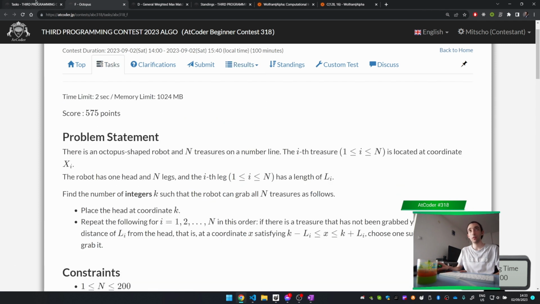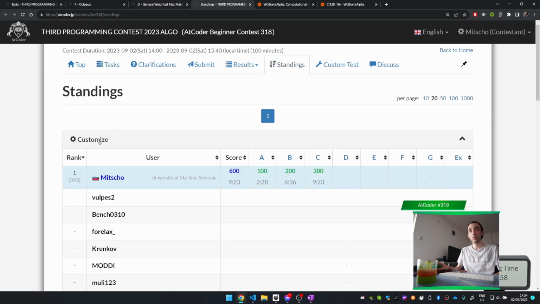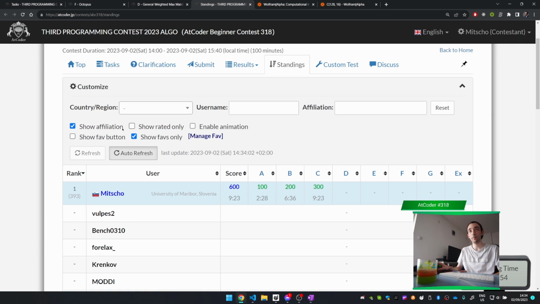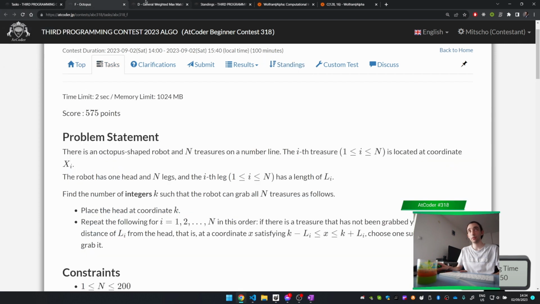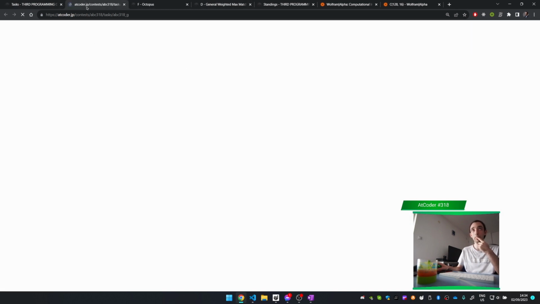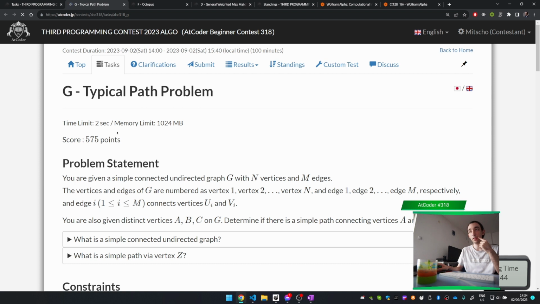Okay, we get E accepted. So let me just see where we are on the standings here. So yeah, D we have to solve, and then F, a typical path problem. G is of course a non-trivial problem.